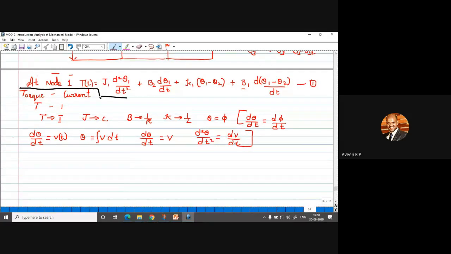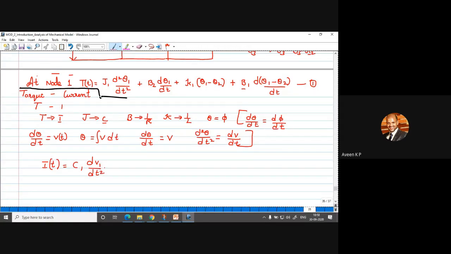At node 1, in similar fashion, T of t, I will rewrite as I of t, that is equal to J1. I will represent it in terms of C, that is C1 d square theta 1 by dt square, as C1 differentiation of V1 with respect to dt.